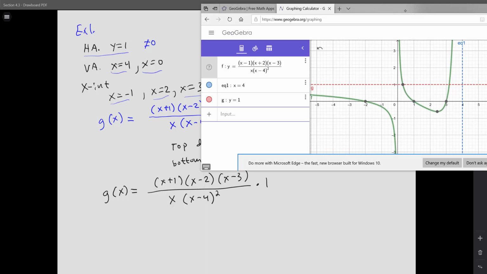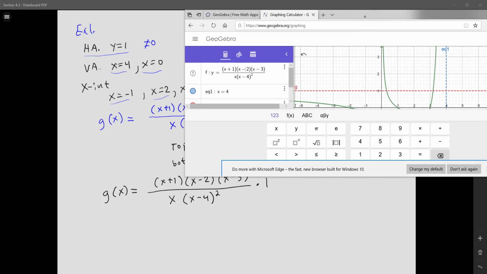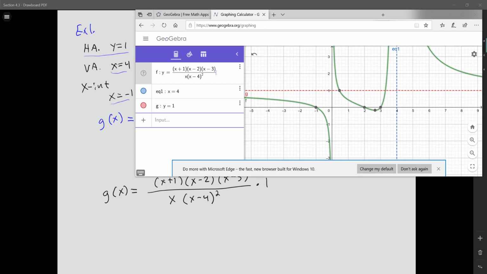I'll have an x plus 1, and I wrote x minus 2. Oops, where is that going? That's better. So let's see if we can line this up now.